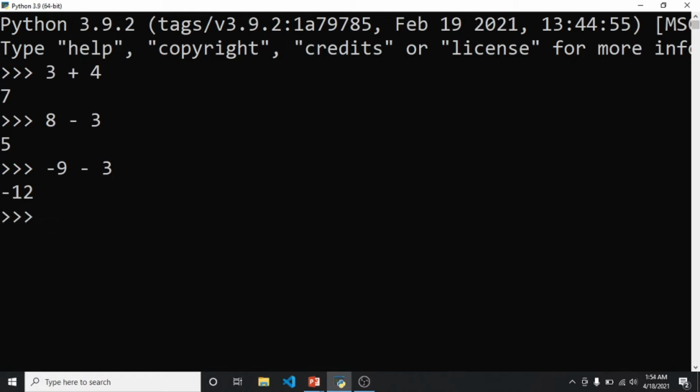Kapag ginawa naman natin negative 9 plus 3, ang sagot ay negative 6. Okay? So, given the concept of negative sign combining with a positive number, ganyan yung naging result. So, nai-interpret din ng Python. So, we have a simple multiplication, kagaya nito. 3 times 2 is equivalent to 6.